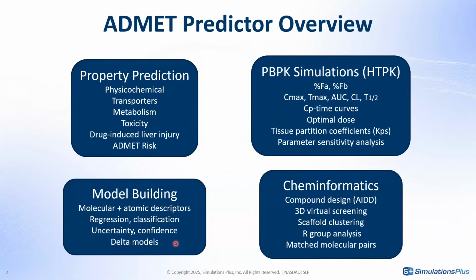And then it has a technology built in that we call delta models that in essence lets clients extend our models into their own chemical space. I'll talk a little more about this later on. And then finally, there are a number of cheminformatics features, one of which is a new module called AIDD, focused on compound design. And we've made quite a few changes here that I'll talk about.